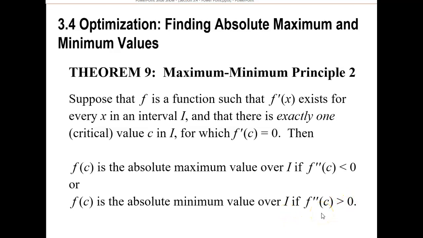So if you only have one to consider, you can use your second derivative test. This does not work if you have more than one. As we saw in previous sections, you could have it concave up or down, and it would matter as far as comparing the outputs. So this only works if there is exactly one critical value in your interval.